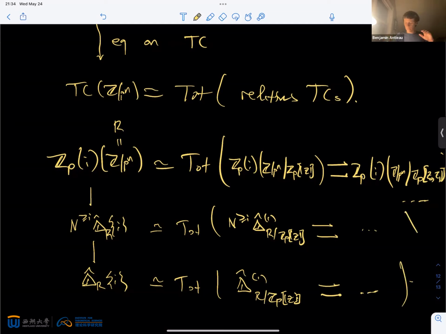So these are fiber sequences in each cosimplicial degree, and then in the limit, they become this fiber sequence.